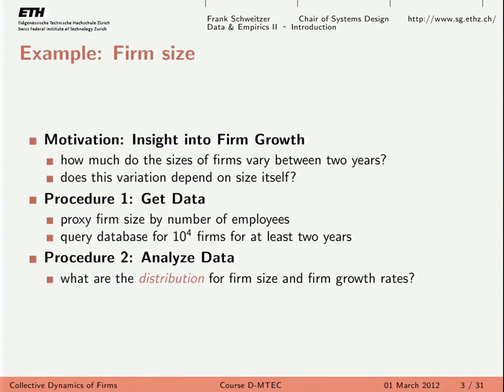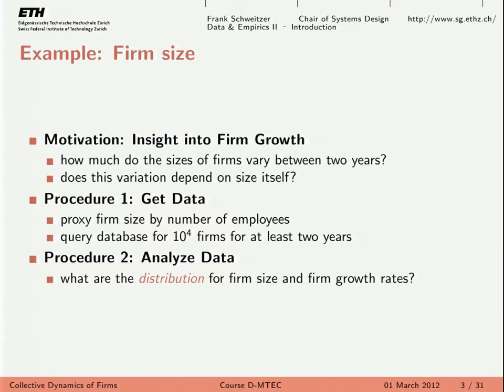The first step is we need to get the data. There are various ways of proxying firm size. And I will discuss some of these during the lecture. For the moment, it is sufficient to assume that we proxy the firm size by the number of employees that a firm has.